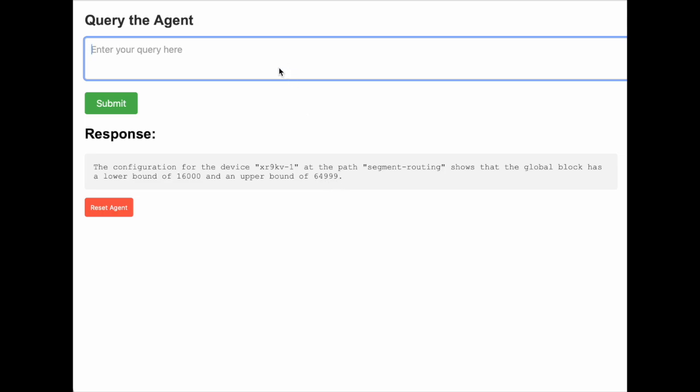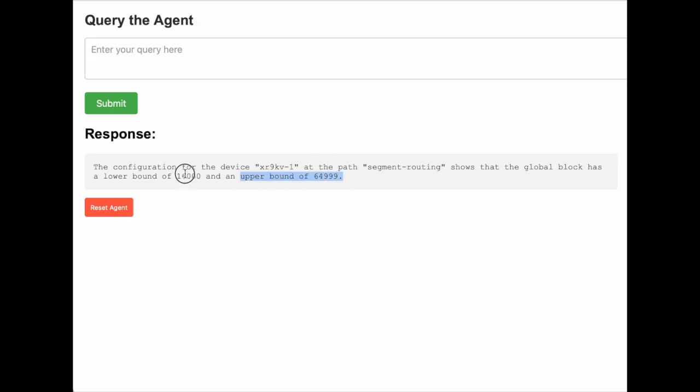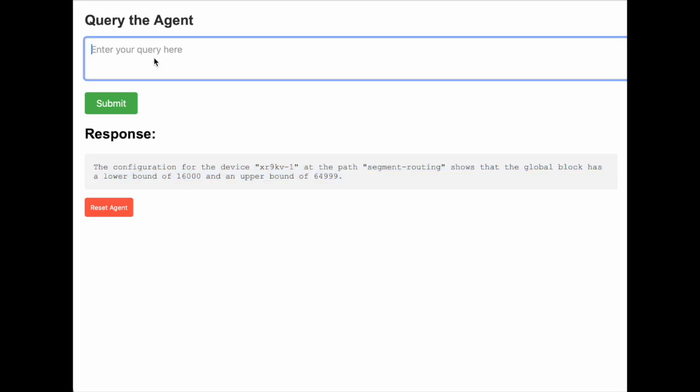Okay, we will note that, and we ask, what does it look like on the other routers?